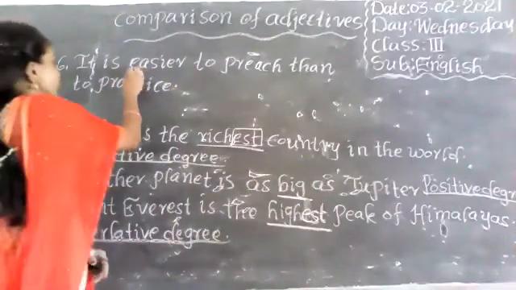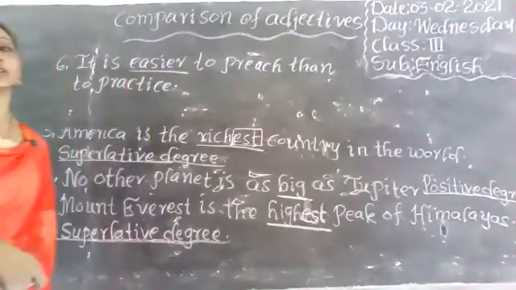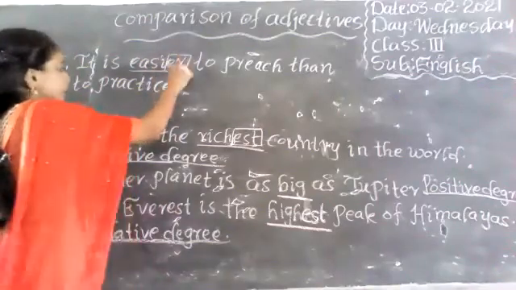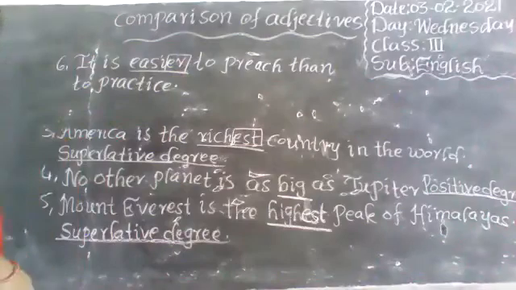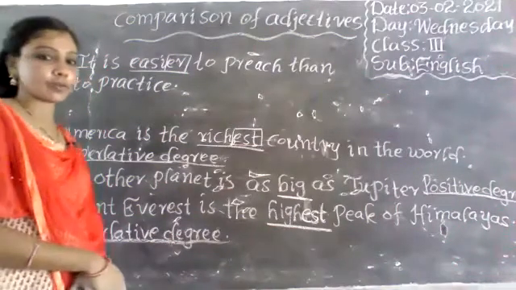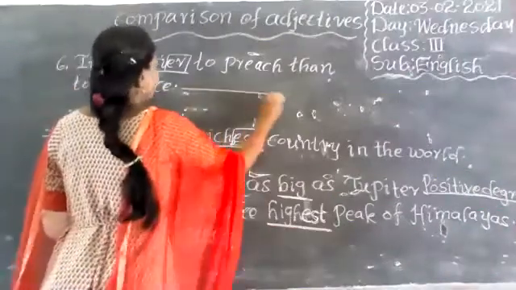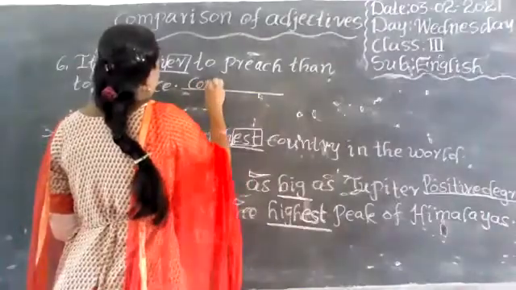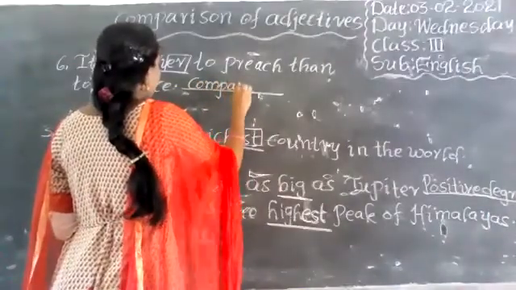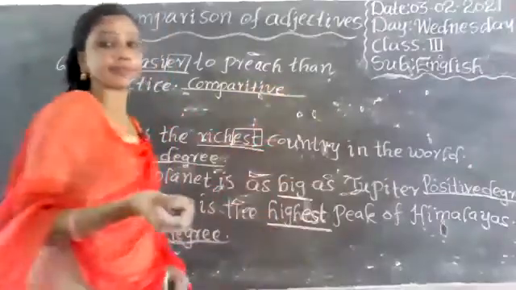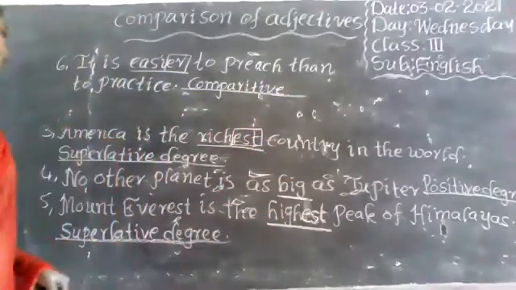Observe the adjective given here. Easier. Easier is added with ER. Okay. That means it is... Come on fast. Is it superlative, positive, or comparative? Very good, Ramesh. It is comparative. What happened to other students? You are not answering. It is comparative degree. Okay. Next one.